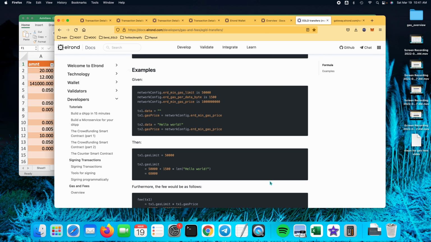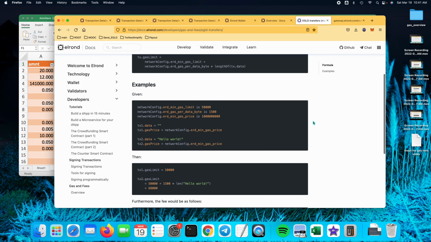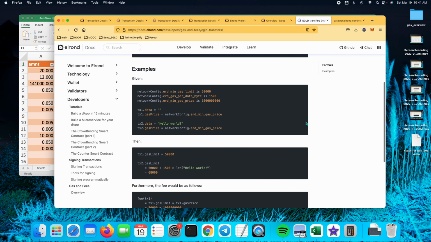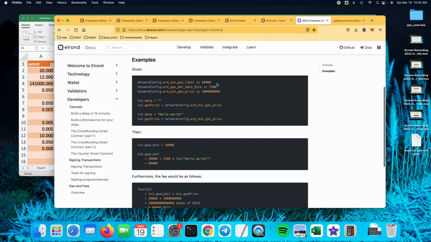Here in this page, with the title of EGLD transfers, they have some examples for calculating a simple transaction. In this first part of this example, we have the ERD minimum gas limit being 50,000. So you're going to be adding on top of that, per byte, 1,500, and the ERD gas price, which is this number here.